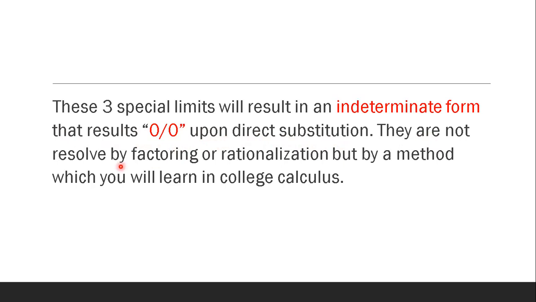They are not resolved by factoring or rationalization, but by a method which you will learn in college calculus. Since you are learning it first here in basic calculus, we are not going to discuss further about that, but you're going to discuss this method when you learn college calculus.